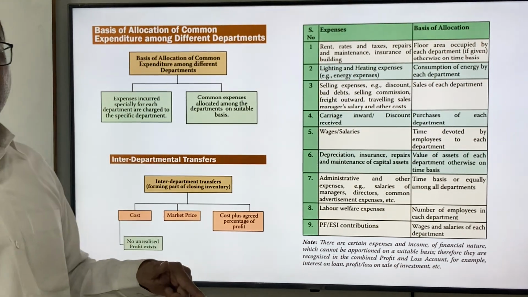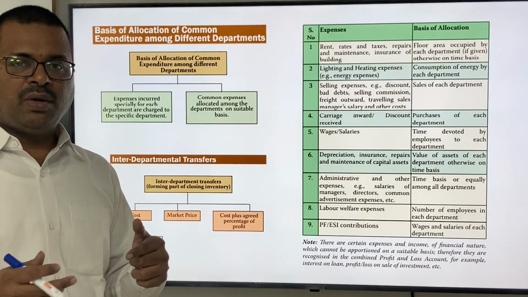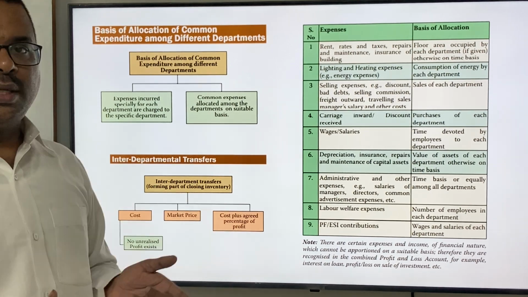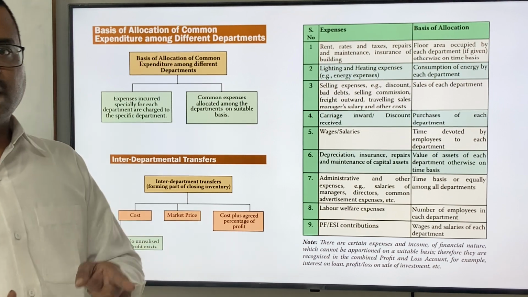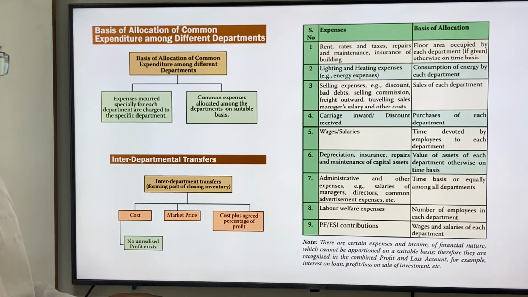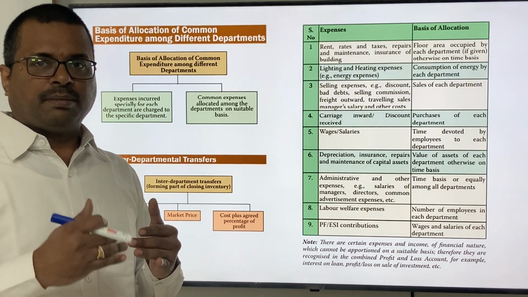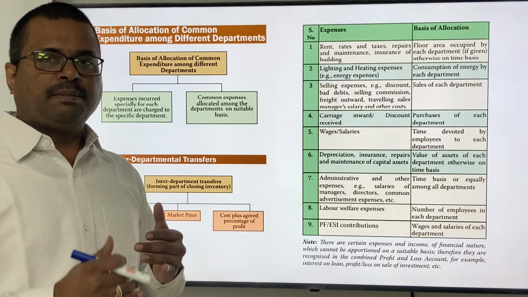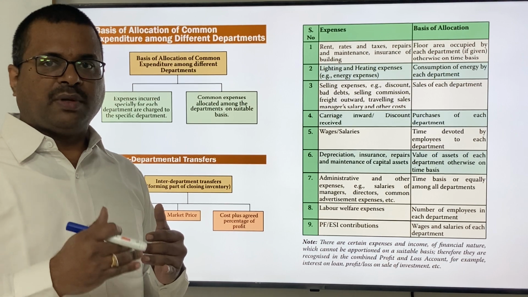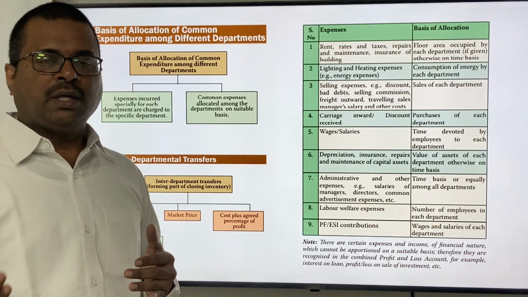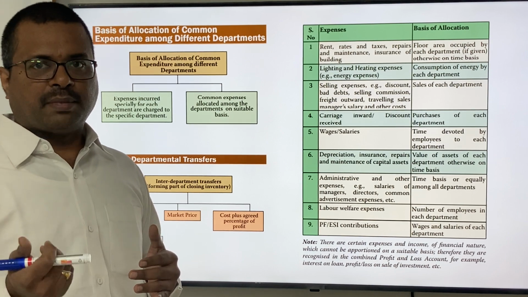Suppose management decides, for the purpose of evaluating the performance of a particular department, that the material has to be transferred from one department to another on the basis of market price. Market price means, if that product or semi-finished product at any intermediary stage is sold in the outside market, how much it would fetch.